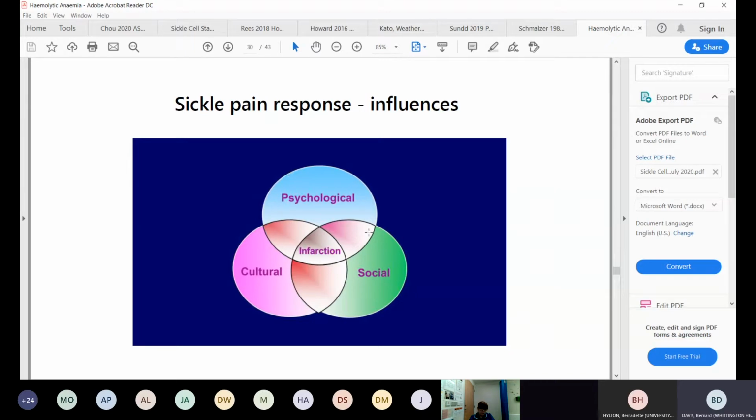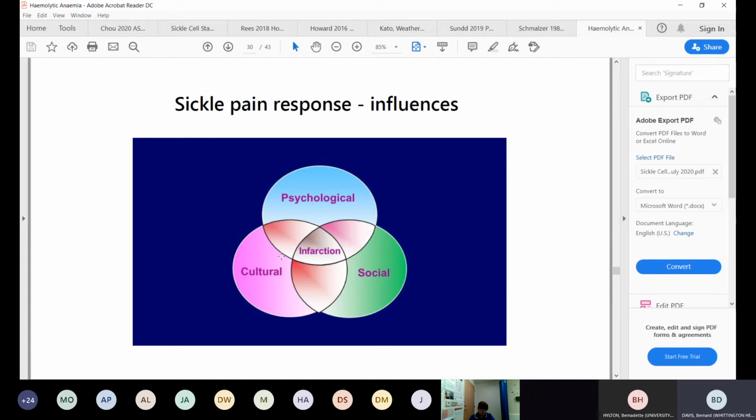So, for example, if the patient is depressed, they might respond to the pain differently. If the patient has difficult social circumstances, if they're homeless, the way they respond to the pain would be completely different from someone who is not in that position. There will also be cultural influences, I believe, in how the patient responds to their pain.